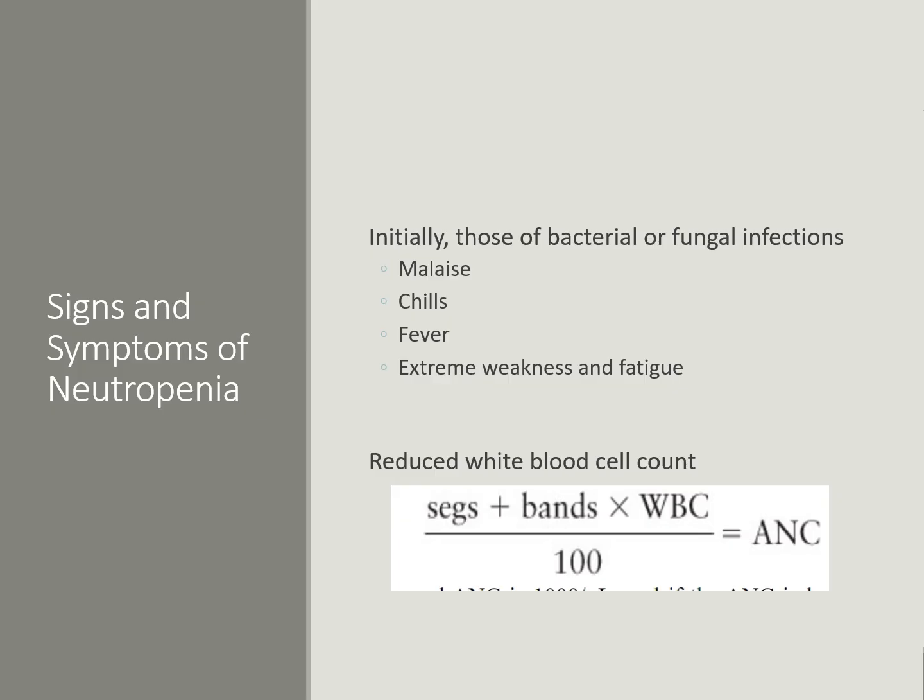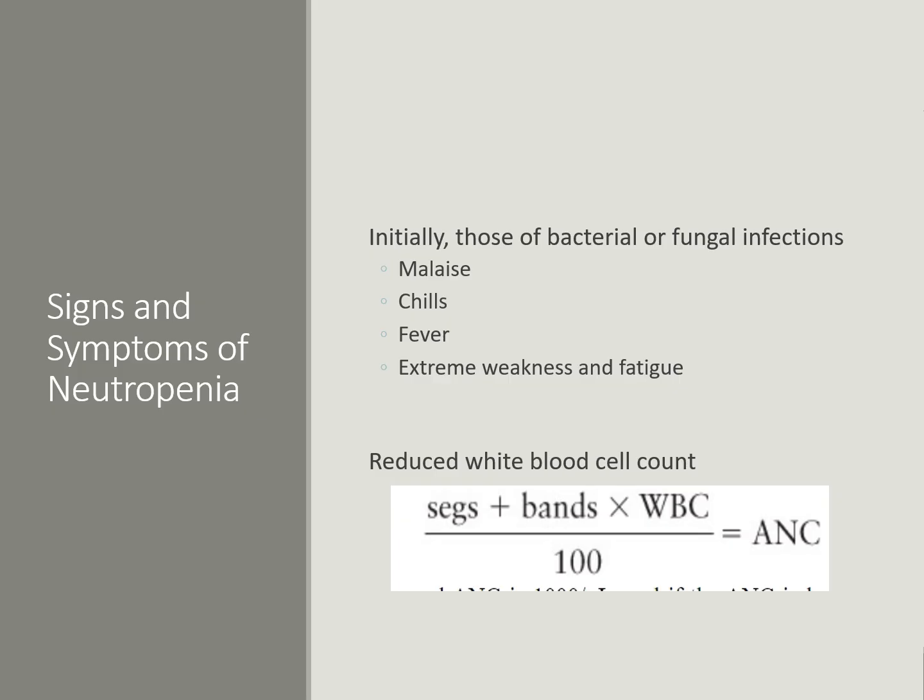If the ANC is less than 500, we consider that person to be very neutropenic, and we would put them on what we call neutropenic precautions in the hospital to protect them from the environment because they're at such high risk of infection. The equation accounts for segs, bands, and total WBCs. Segs are mature neutrophils and bands are immature neutrophils. So we're taking into account both the presence of fully mature and maturing white blood cells in here. Okay.